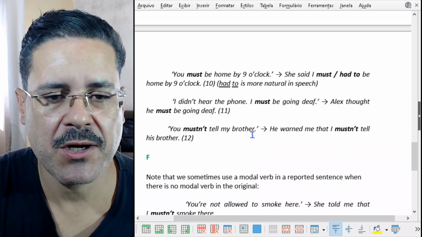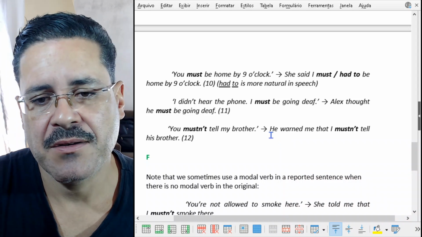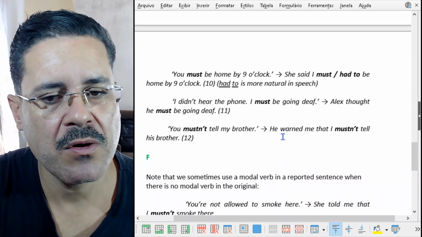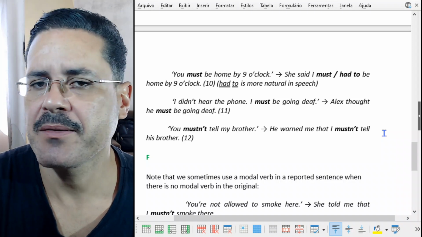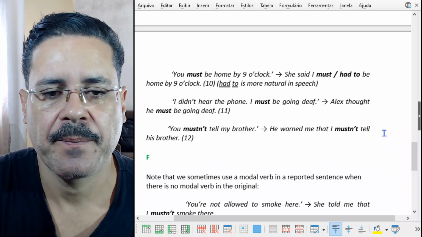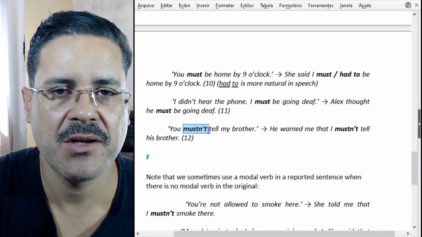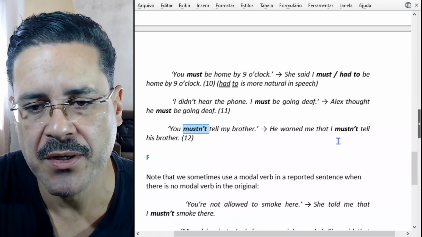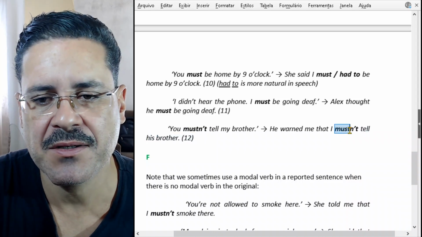This is the reported clause. And this is the reporting clause. He warned me that I mustn't tell his brother. So it doesn't change. We use mustn't in the original statement and we repeat the verb the same way.